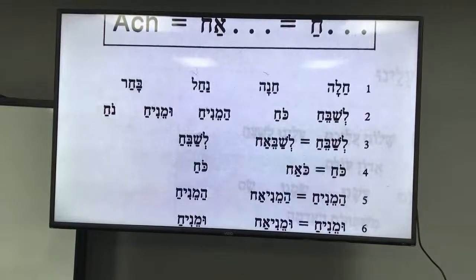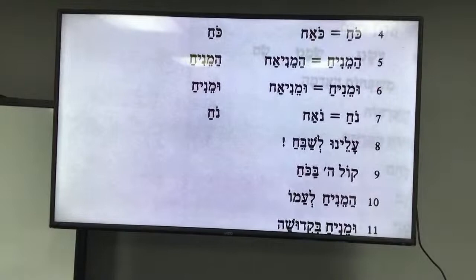Line 4, koach. Again, it's the same pronunciation, koach. Line 5 would be hamaniach. Line 6, umeniach.